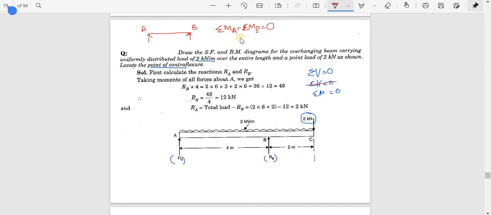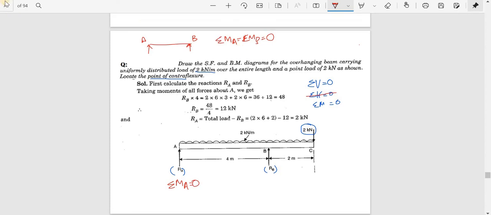But in this case, since this is an overhanging beam, the support B is overhanging, that is, it is having loading at both ends. The sum of the moment about B is not equal to 0. This is an important point.